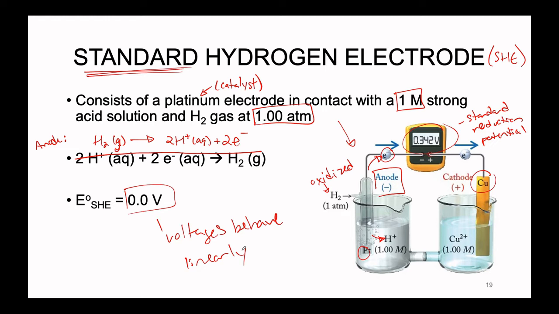Okay, so we have collected all of the standard reduction potentials for all materials in opposition to the standard hydrogen electrode, where if the standard hydrogen electrode is on the anode side, we can see the reaction that is listed here. If by chance the standard hydrogen electrode behaves more as the cathode, if it starts being reduced, if the H+ is turning into H2 gas and the substance in opposition is suddenly the anode, because that is what is spontaneous, we get this reaction that I've crossed out here.